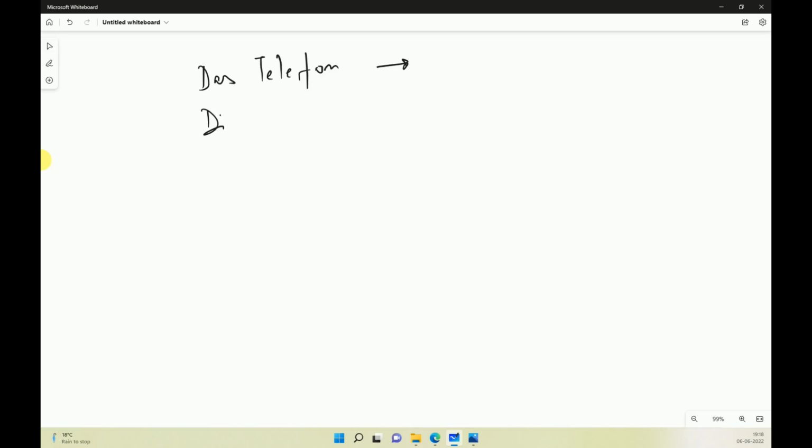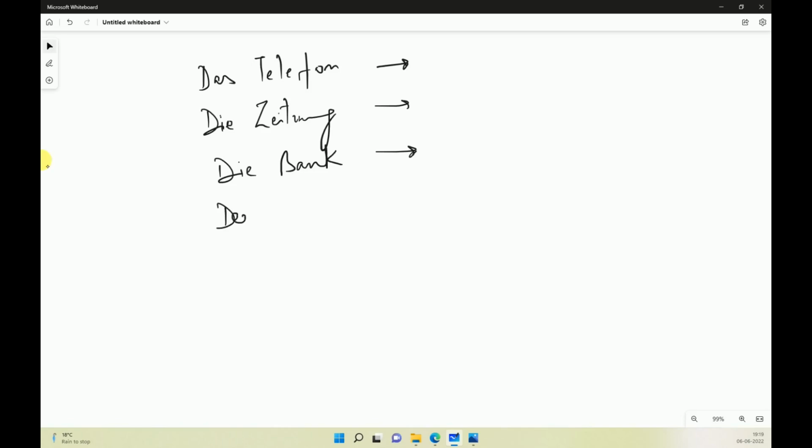Then we just learned die Zeitung. Then we just learned die Bank. Probably one more thing, friends. Once I write this noun, I would like you guys to please speak it up, because in English we'll be calling it bank, but when you talk in German, it is Bank, right?